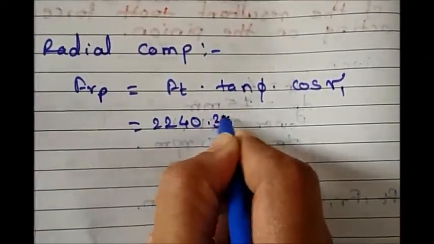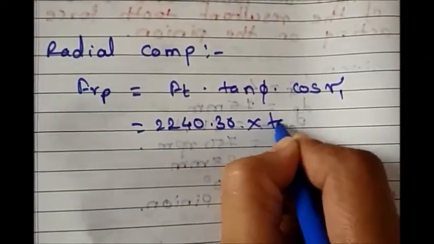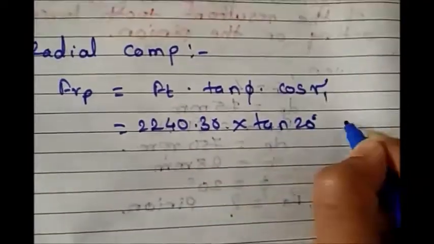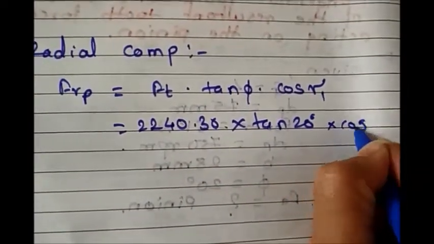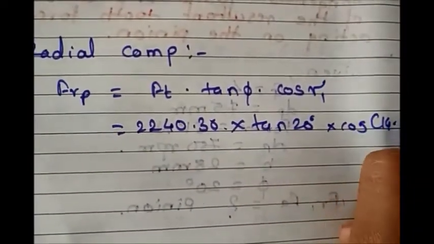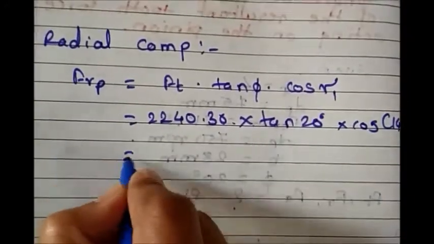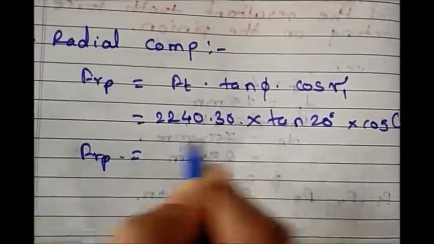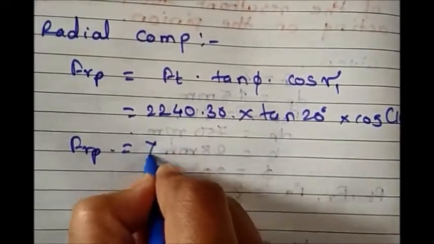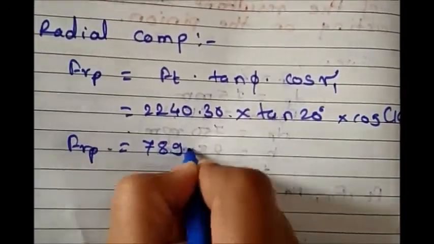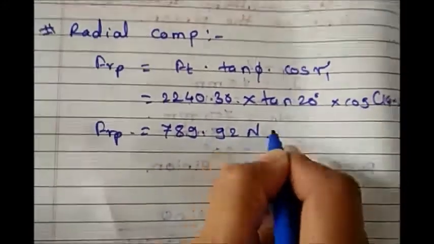So Ft is 2240.30 into tan of phi, the pressure angle given, into cos of 14.36 degrees. So we get FRP, the radial component, is equal to 789.92 Newton.